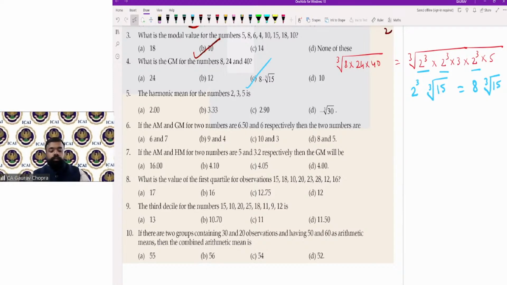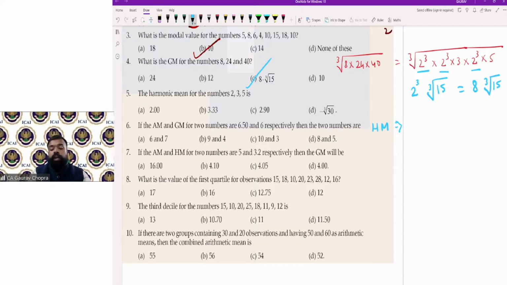Then the next one, 5. The harmonic mean for the numbers 2, 3 and 5. So what will be the harmonic mean for these numbers? HM. 2, 3 and 5.